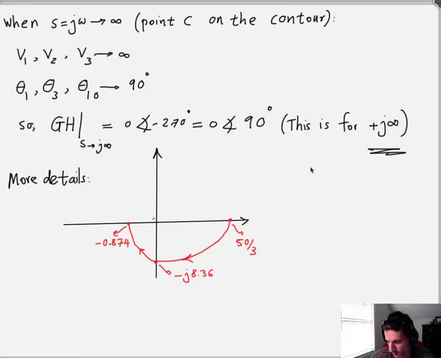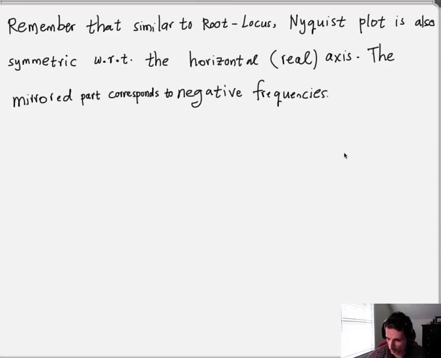Finally I'm going to show you the final Nyquist plot, but for now you just need to know how I got this for when omega goes to positive infinity. What I'm going to do next is remind everyone that, just like the root locus, where your plot would be symmetric with respect to the horizontal or real axis, the Nyquist plot is also always symmetric with respect to the horizontal real axis.